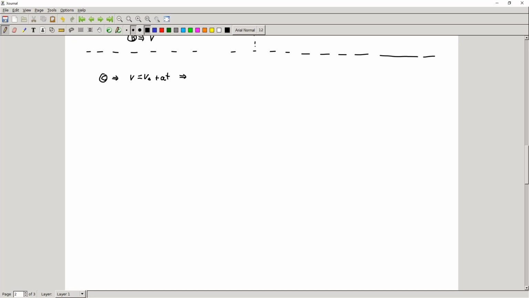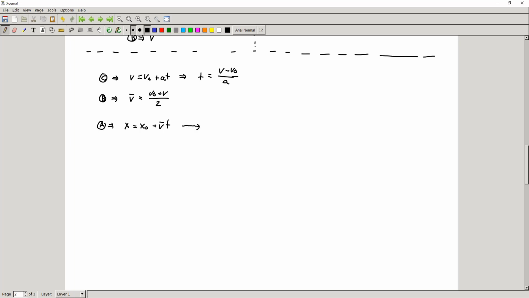Rearranging this gives us T is equal to V minus V naught over A. And then equation B gave us that V bar is equal to V naught plus V over 2, right? So if we substitute both of these into equation A, let's remember what equation A is. Equation A tells us that x is equal to x naught plus V bar t.